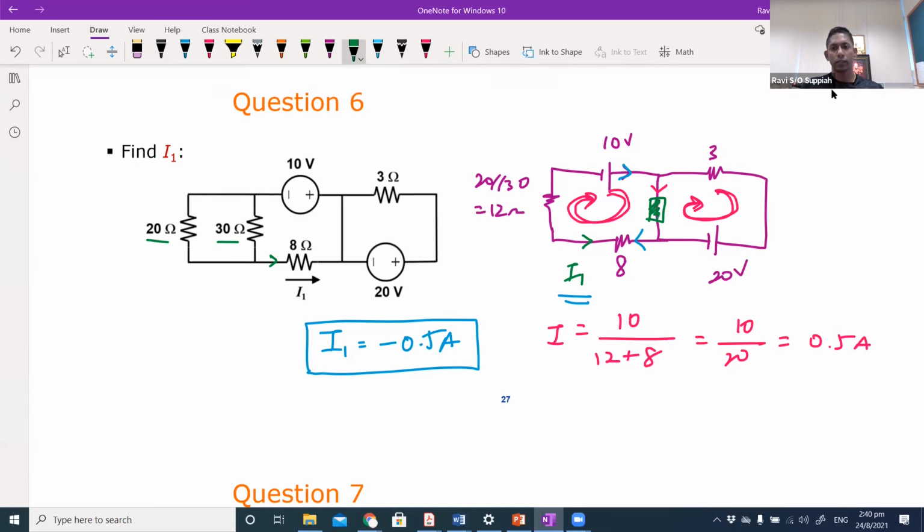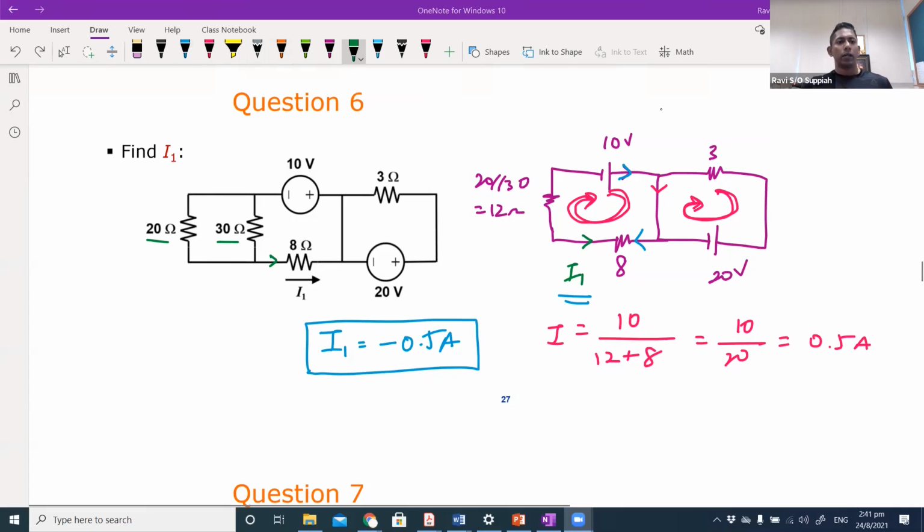But since I do not have this additional component, there is no additional voltage drop in the loop that I draw. In the left hand side loop, I only see these two resistors. In the right hand side loop, I only see this 3 ohm resistor. So you can treat them as separate circuits.